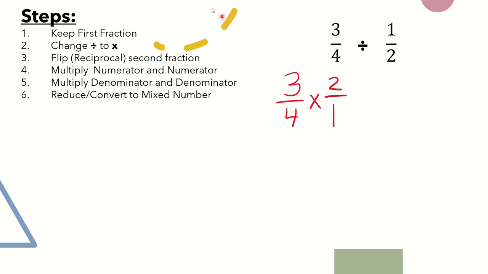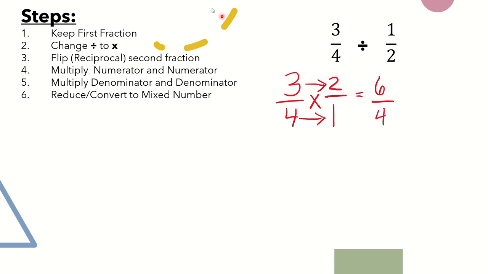My next step is multiplying numerator by numerator, denominator by denominator. 3 times 2 gives me 6. 4 times 1 gives me 4.